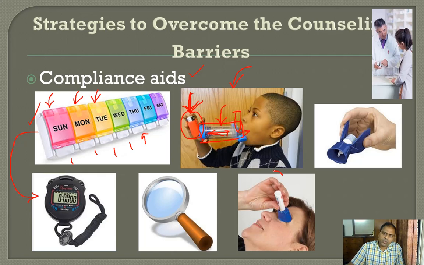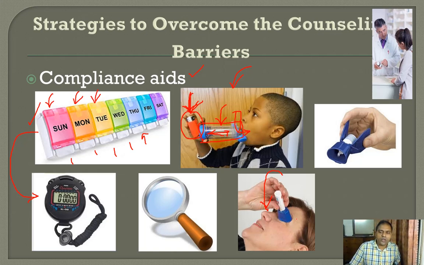Some, especially older patients, have problems using eye drops. When they try to focus the drop exactly on the eye, the patient may miss the point. This happens with older patients. Their hands may also be shaking.